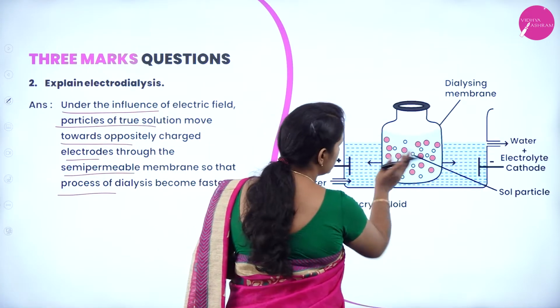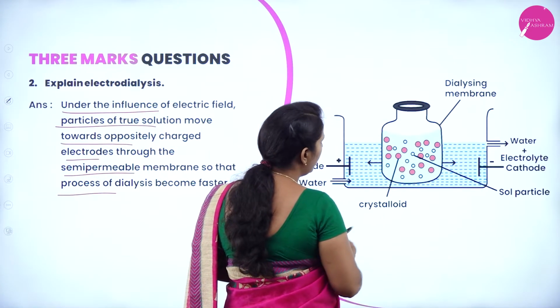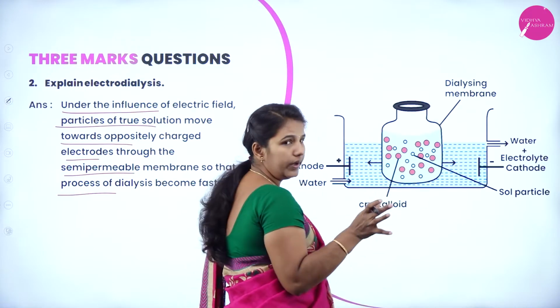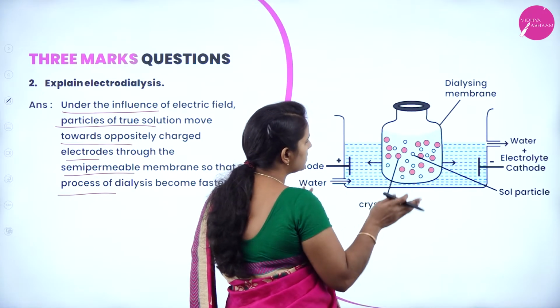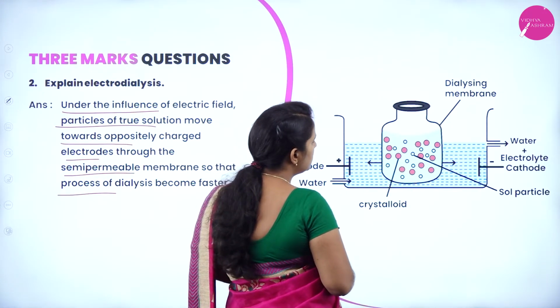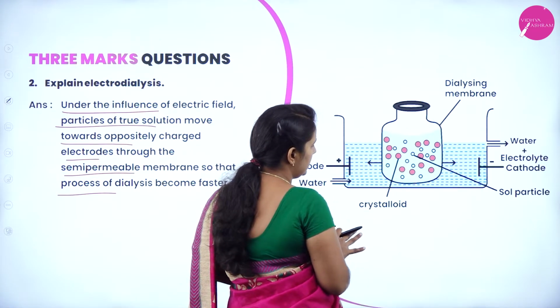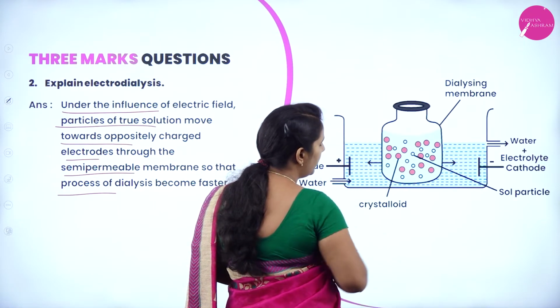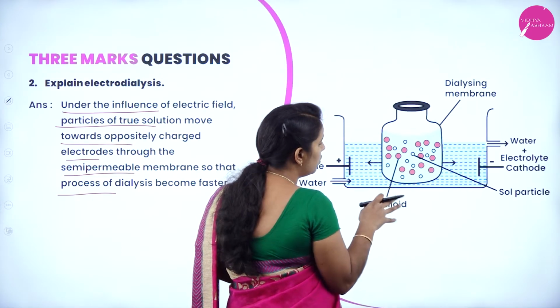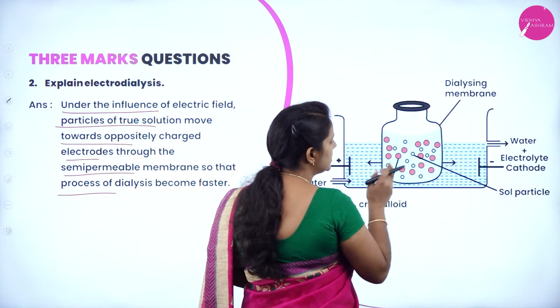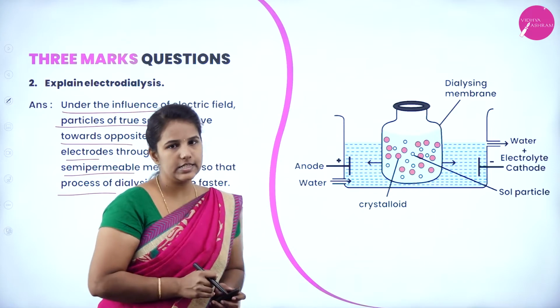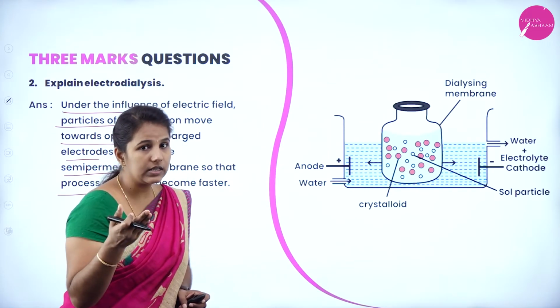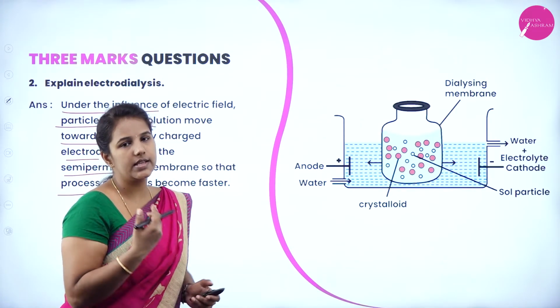As I said, this is the sol which we have taken, okay, and we have kept it in the water bath which contains both anode as well as cathode electrode. So what will happen when we apply the electrical field, the movement of the ions becomes more and more faster as compared with that of the dialysis process. Hence we apply the electrical field to speed up the dialysis, hence it is named as what?